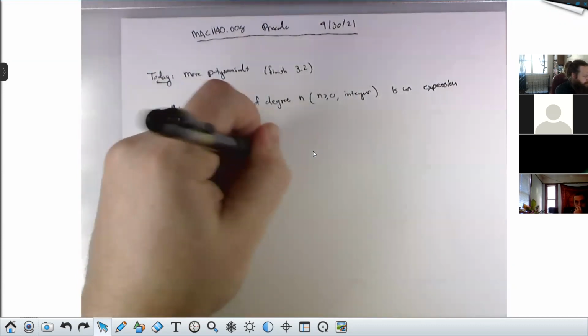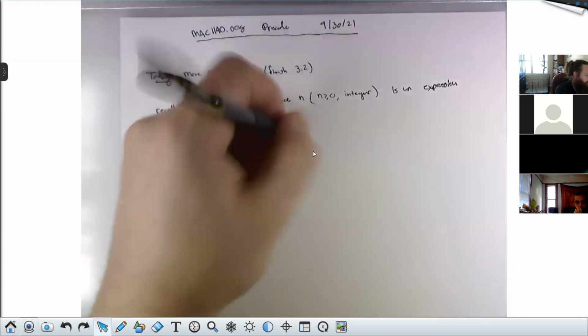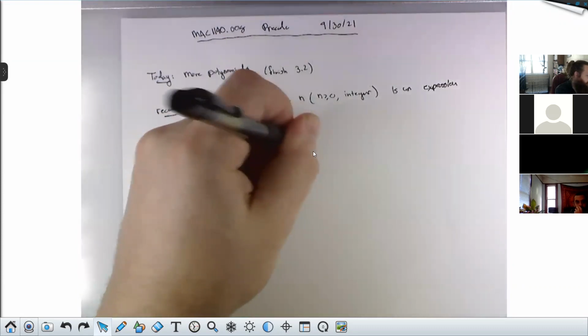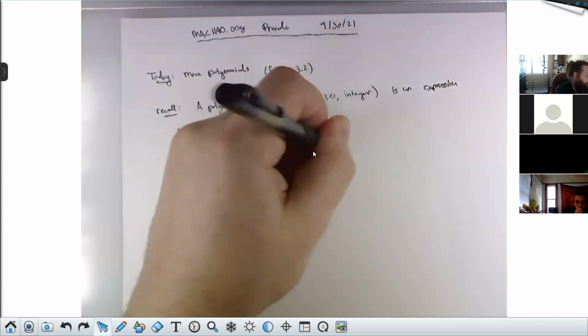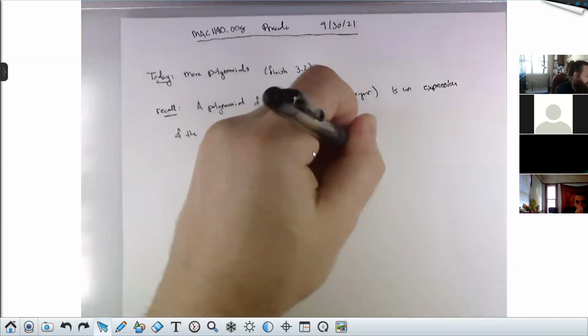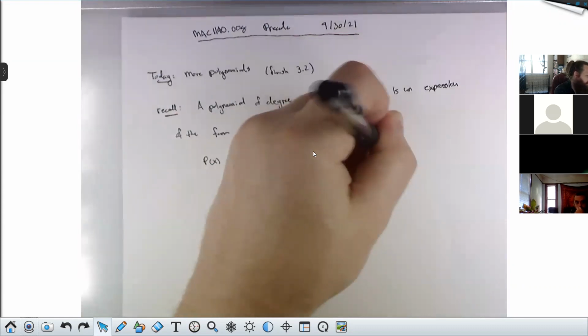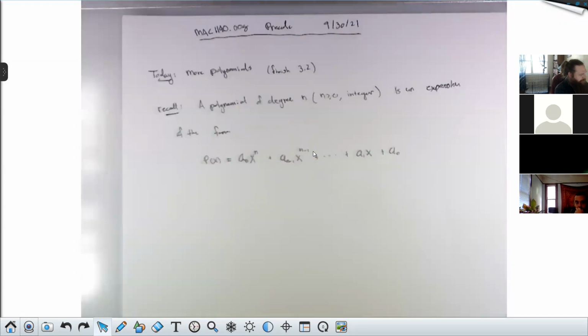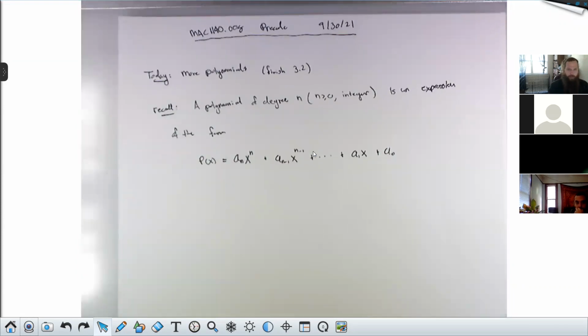You remember this, we went through this last time. And then a_(n-1) times x to the n minus 1, and we go down like this until you get to a linear term and then a constant term. Right, so anything that can be written this way is a polynomial. n is a non-negative integer. So all the powers of x are non-negative integers.